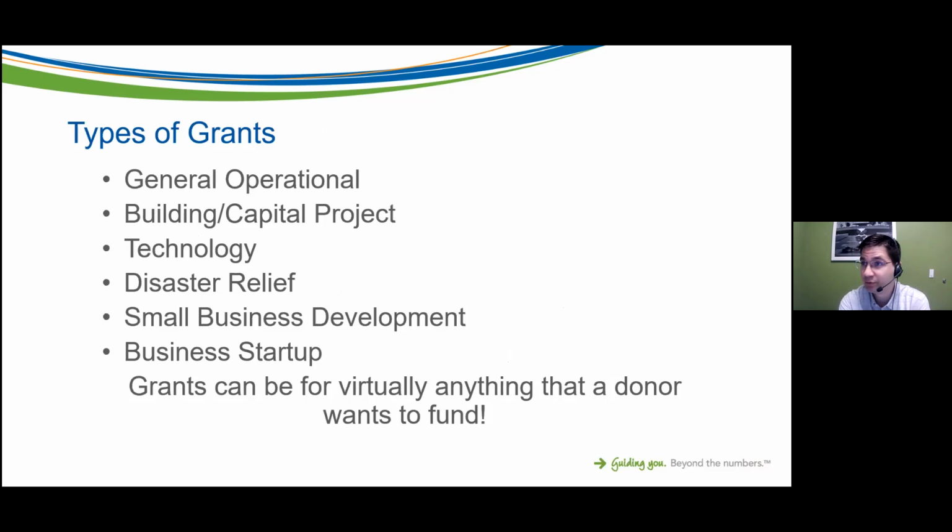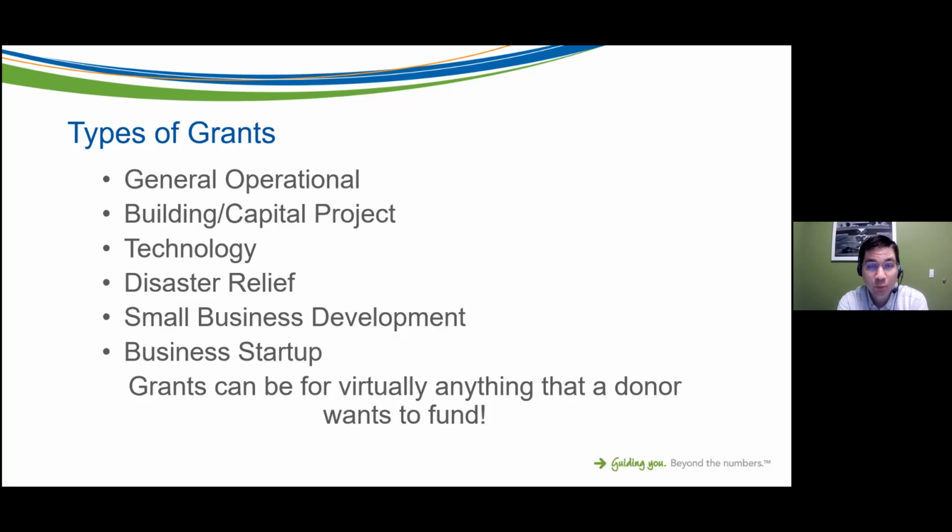Technology, do you need to improve your computers, your IT infrastructure? Do you just need to have additional security? Grants for that. Disaster relief, as we've seen down south with Hurricane Ida and other storms in the past. There are disaster relief grants for weather-related natural disasters.